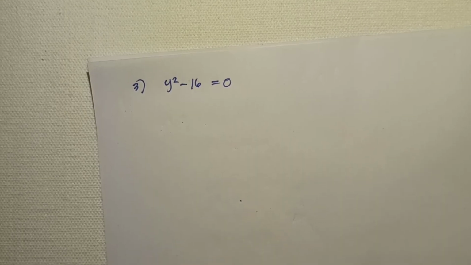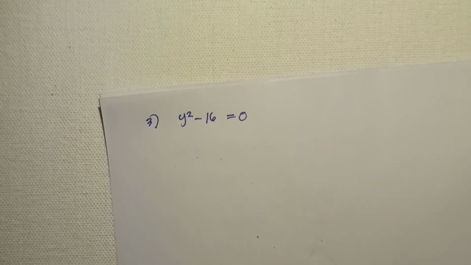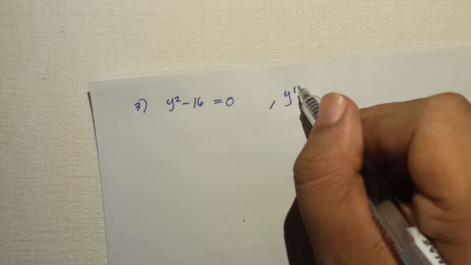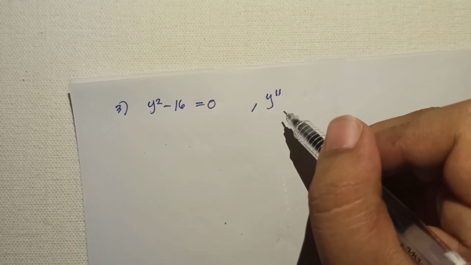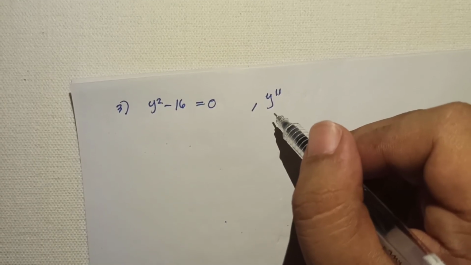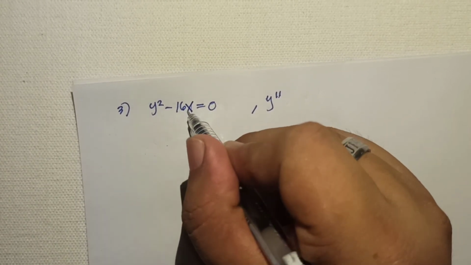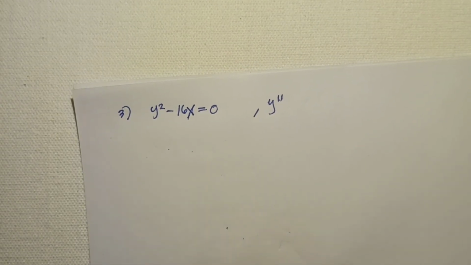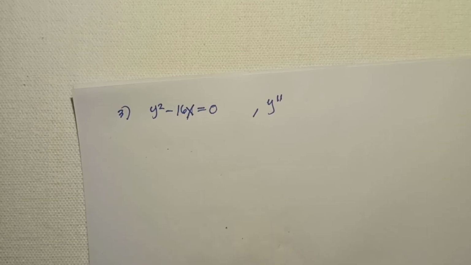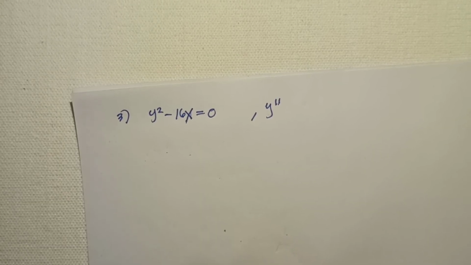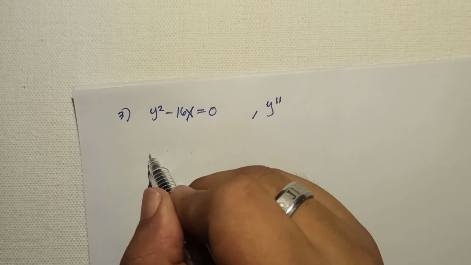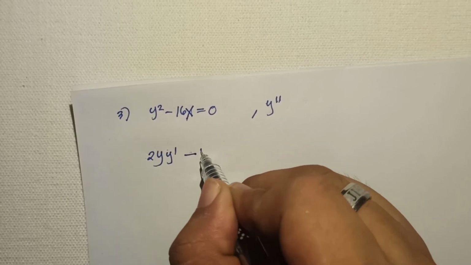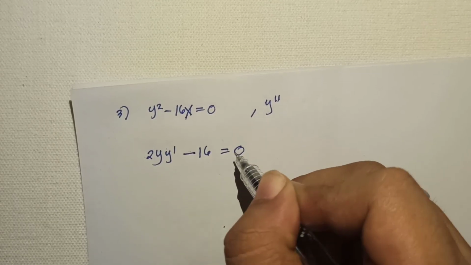Okay, let's proceed to number 3, which is y squared minus 16x is equal to 0, and we have to find the second derivative of the implicit function. So first we have 2y y prime minus 16 is equal to 0.